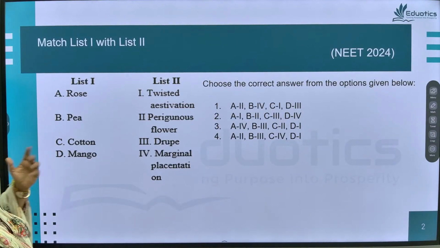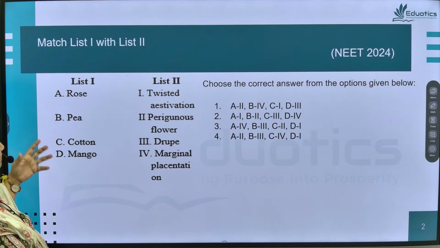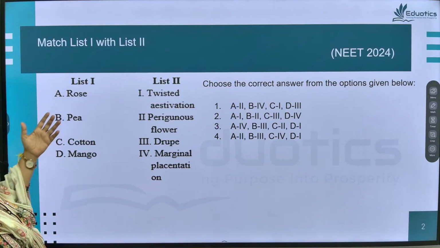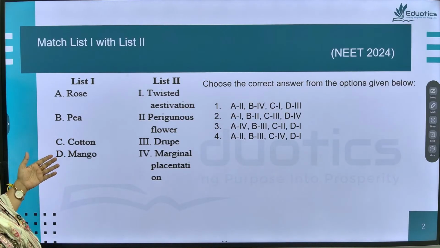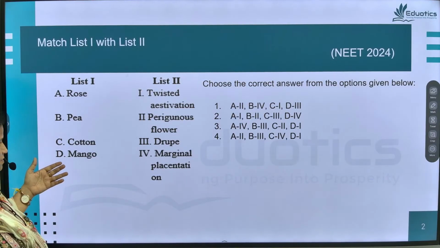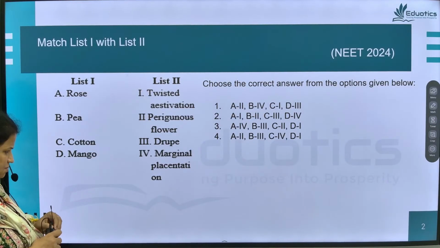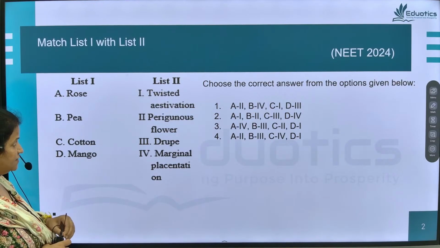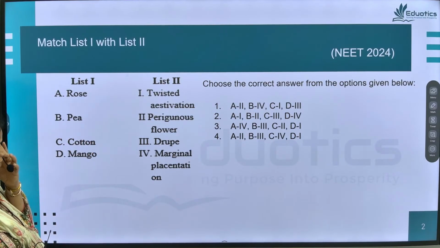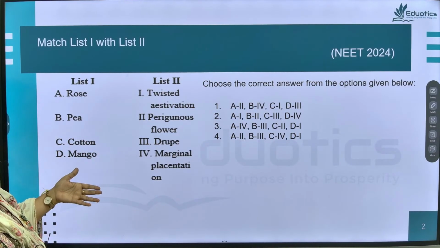The first question of NEET 2024: match list 1 with list 2. These are the names of different plants, and here we are talking about the different features of those plants.